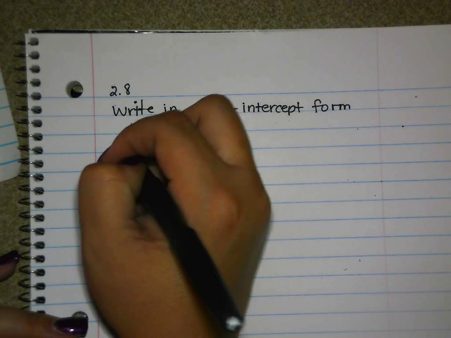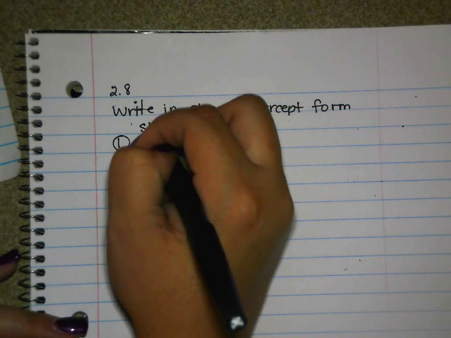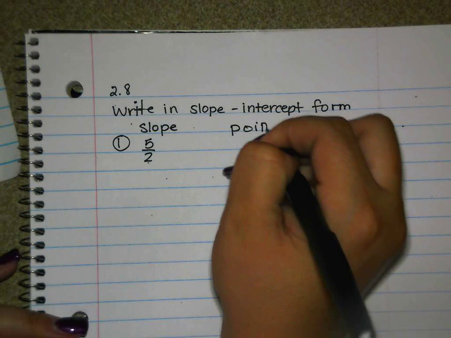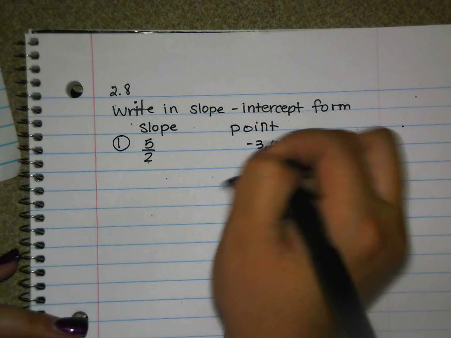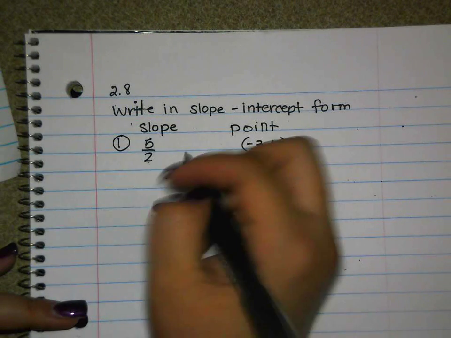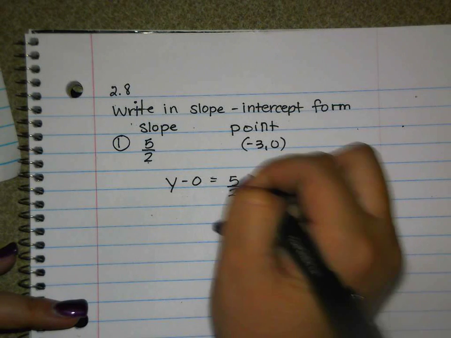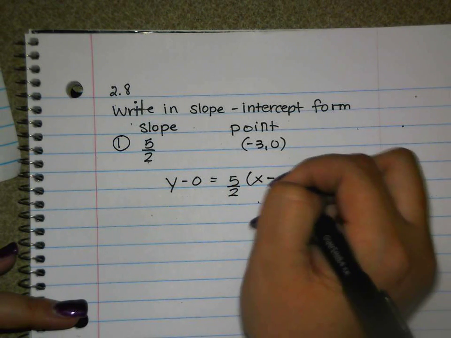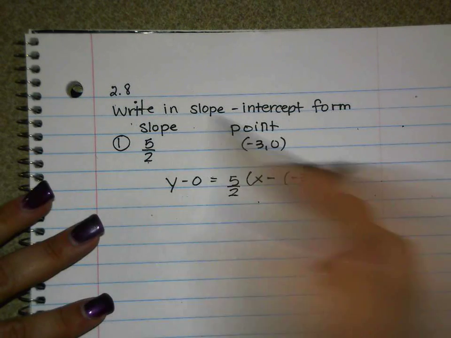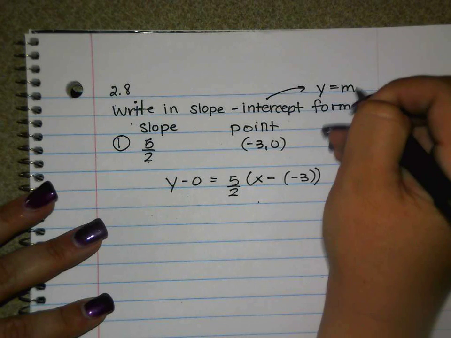So let's go back to that first example where we had 5/2 for the slope and we had a point of -3, 0. Okay, we already knew with the point slope form we had y minus 0 equals 5/2 times x minus -3. Okay, in order to find the slope-intercept form, and we can't forget, oh yes, slope-intercept is y equals mx plus b.